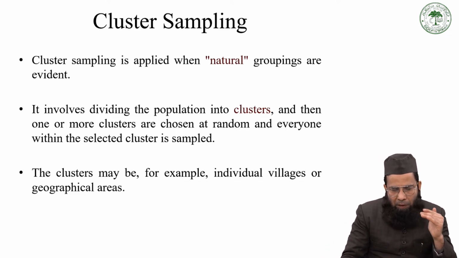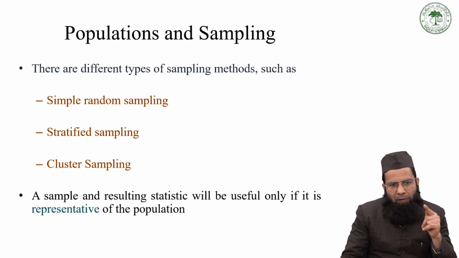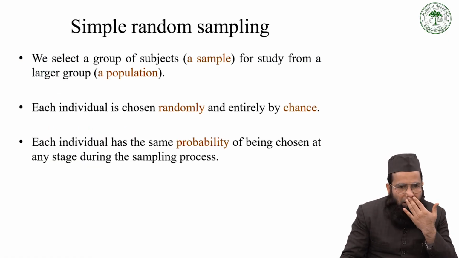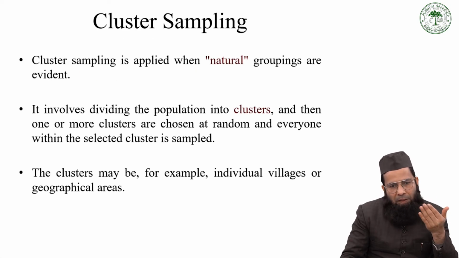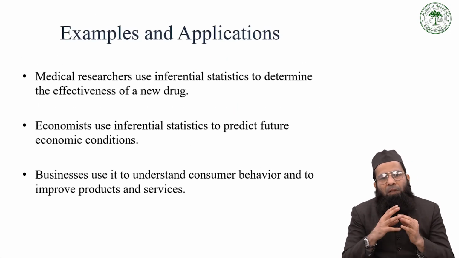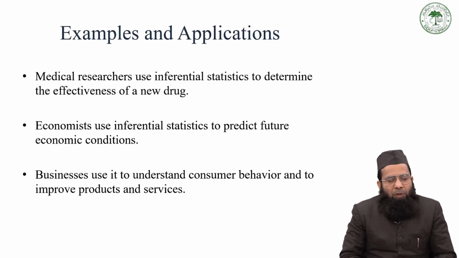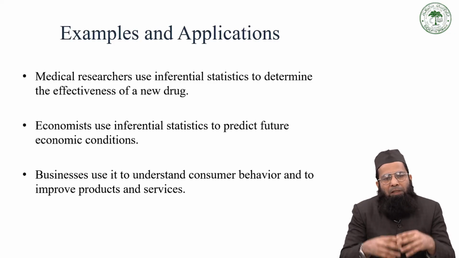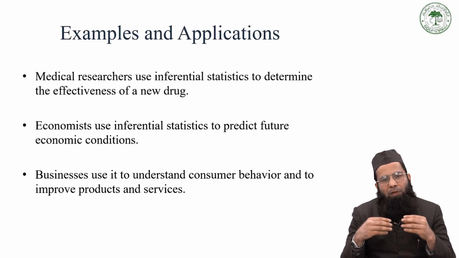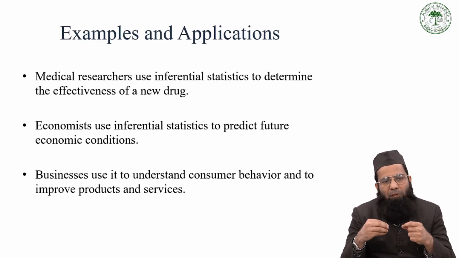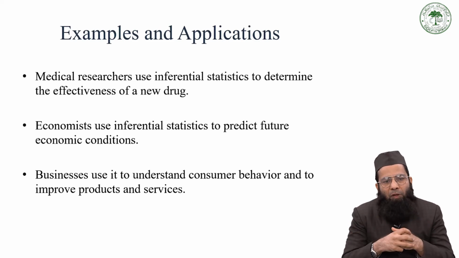So we have seen three different categories of sampling. The very first was simple random sampling, then stratified sampling, and then cluster sampling, right? And what could be the examples and applications? In medical research, suppose researchers want to use inferential statistics to determine the effectiveness of a new drug.